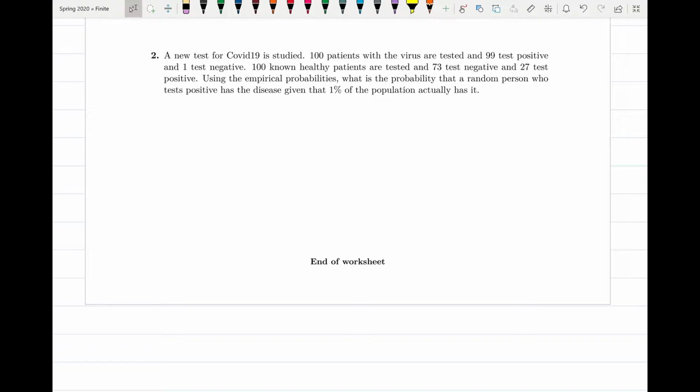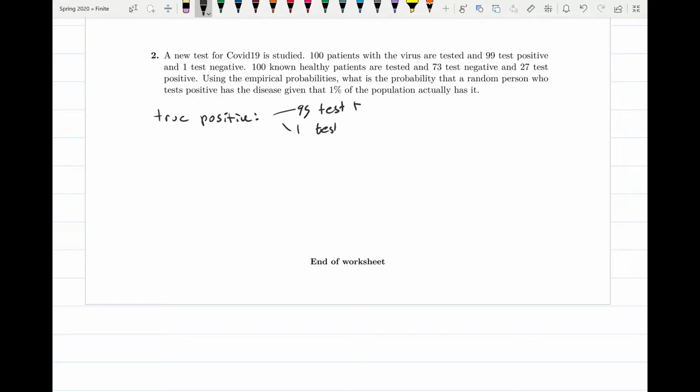All right, so the empirical probabilities tell us that of these 100 people, we had 100 people with the virus, true positives. We had 99 test positive, 1 test negative.